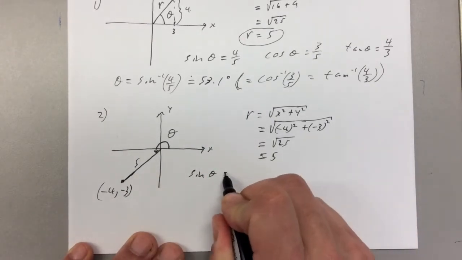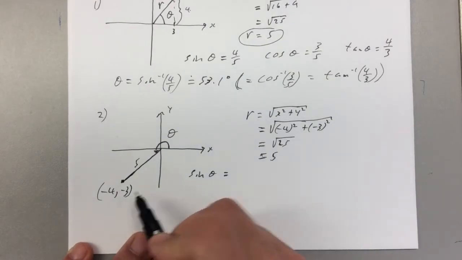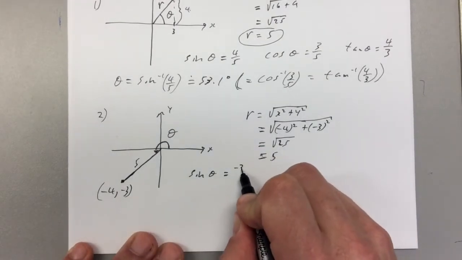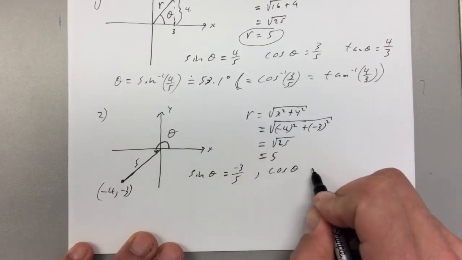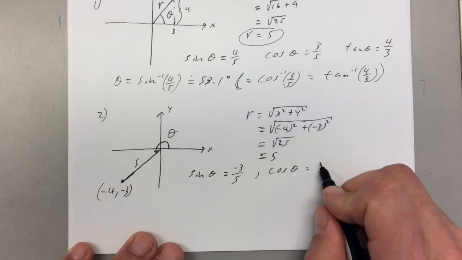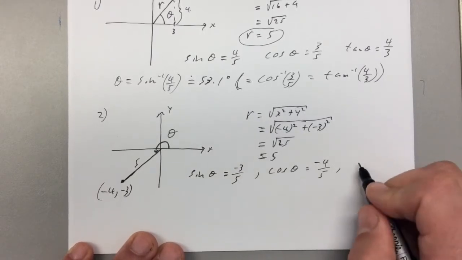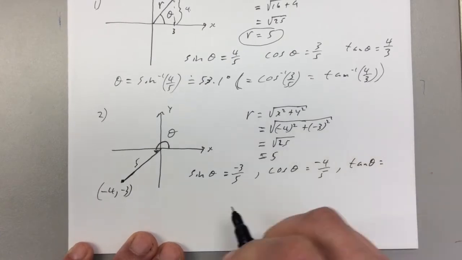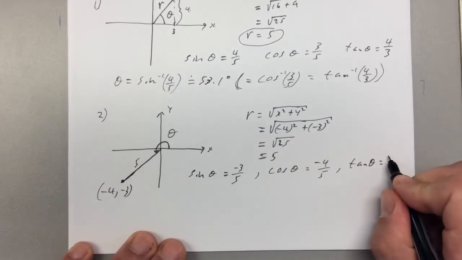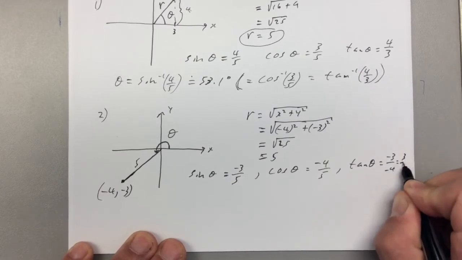So sine theta equals y over r, so -3 over 5. Cos theta equals x over r, so -4 over 5. And tan theta equals y over x, so it's going to be -3 over -4, which equals 3 over 4.